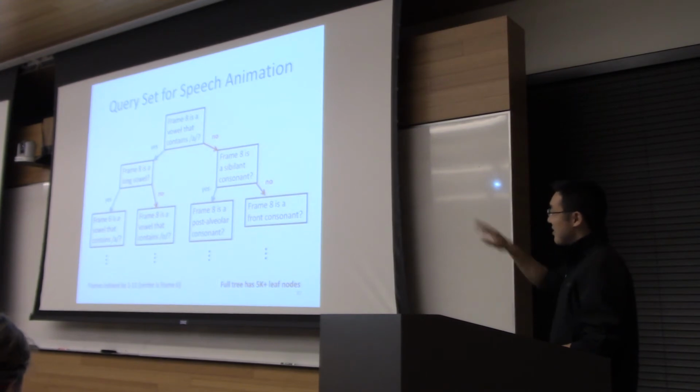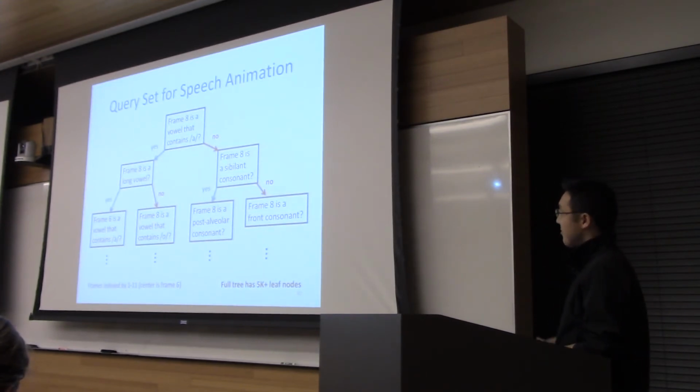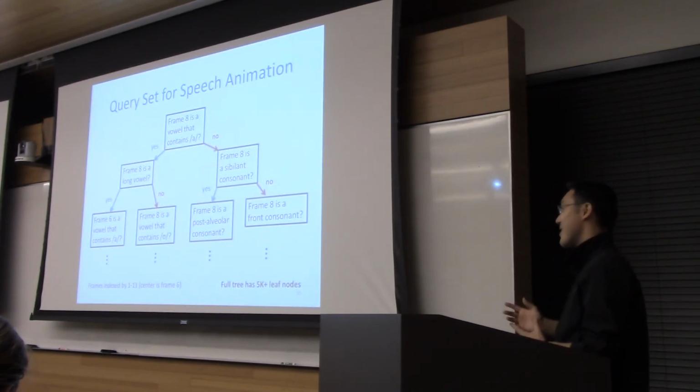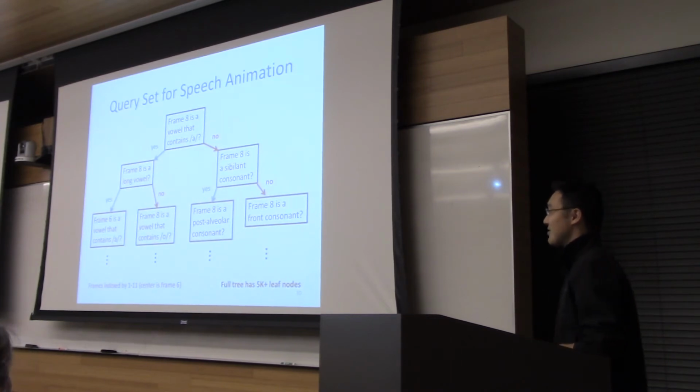We came up with this query set by consulting some linguists, and that's what we used to train the tree. The full tree, in the early version of this approach, has about 5,000 leaf nodes, and we actually gave the entire tree to a linguist to look at. It's small enough that someone who's really motivated can inspect the entire tree.